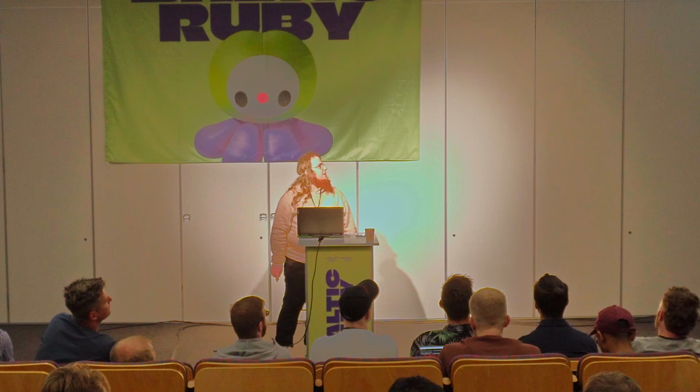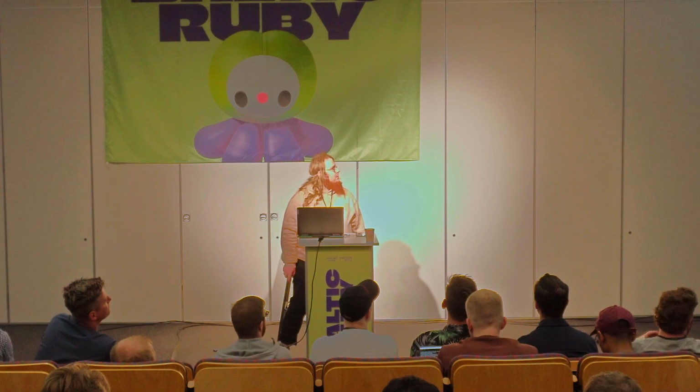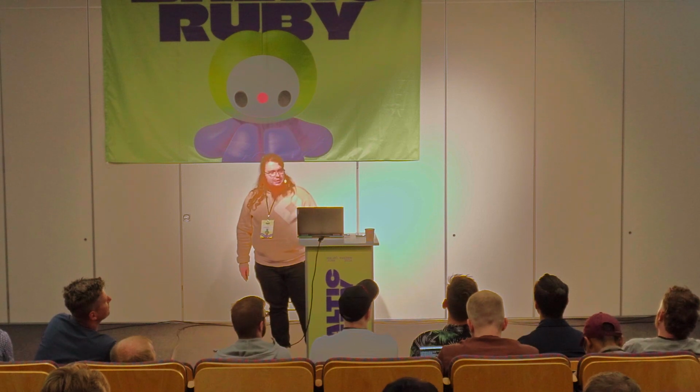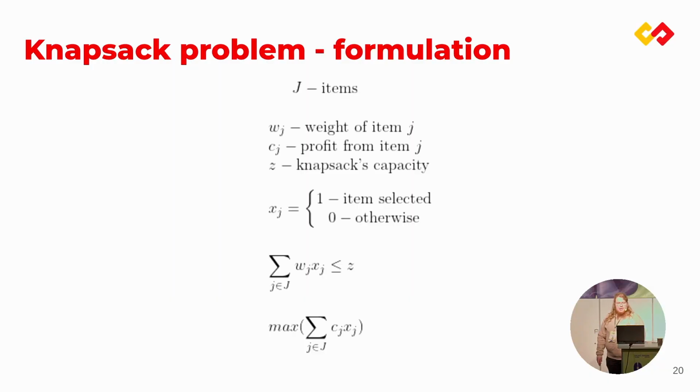But we can see that we are not able to choose all of them, as they will exceed our backpack capacity. So how can we solve it? Okay, so we have the set of the items, and we need to define 3 arrays. First one will be the parameters defining the weight of each item.